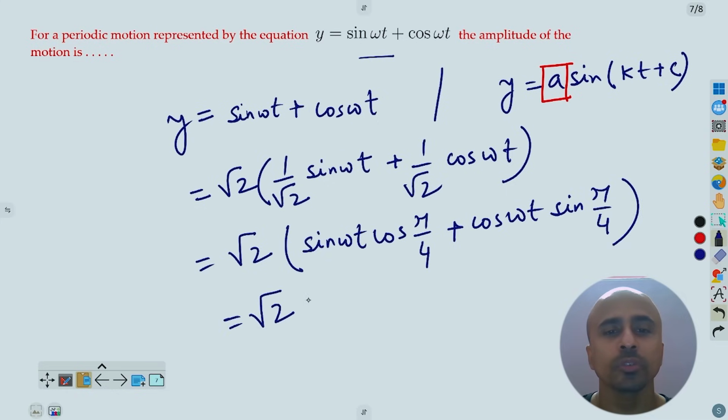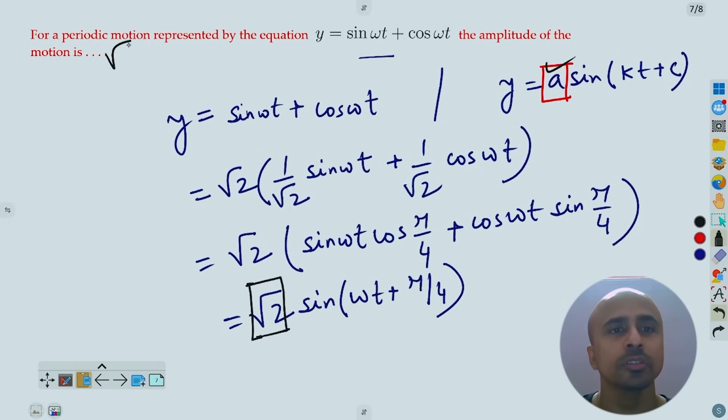This is root 2 sine of omega t plus pi by 4. Okay. So according to this, this is the amplitude. So the amplitude of this periodic motion is root 2.